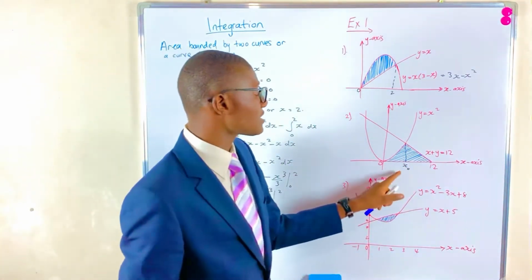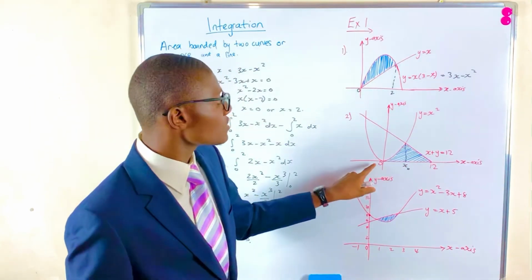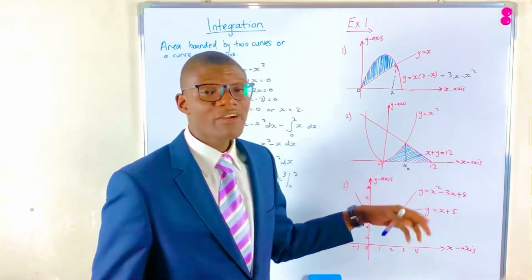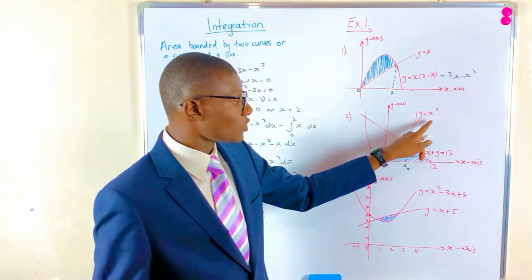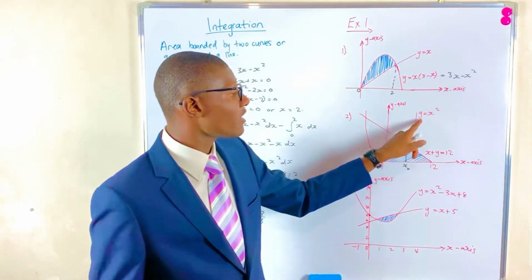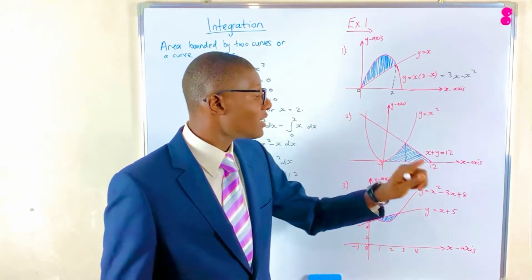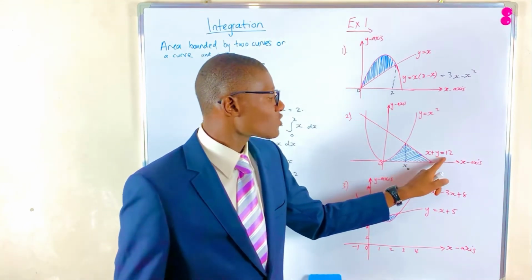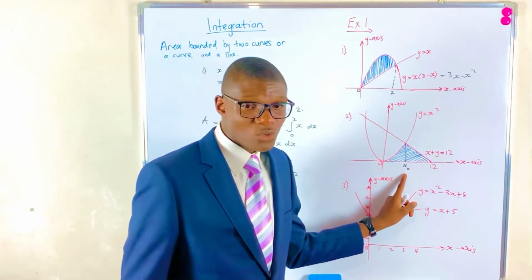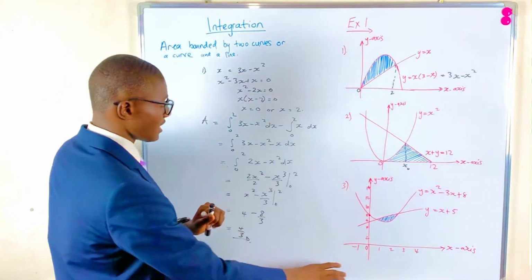If we get this value, we shall say that the area of the shaded region is going to be given by the area bounded by the curve y is equal to x squared from 0 to x naught, plus the area bounded by this line x plus y is equal to 12 from x naught to 12. So now our task is to find that point of intersection x naught.